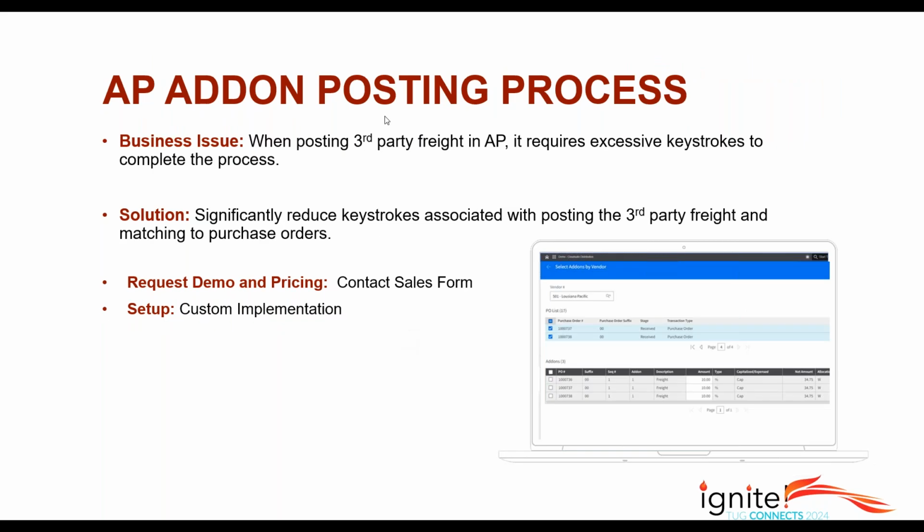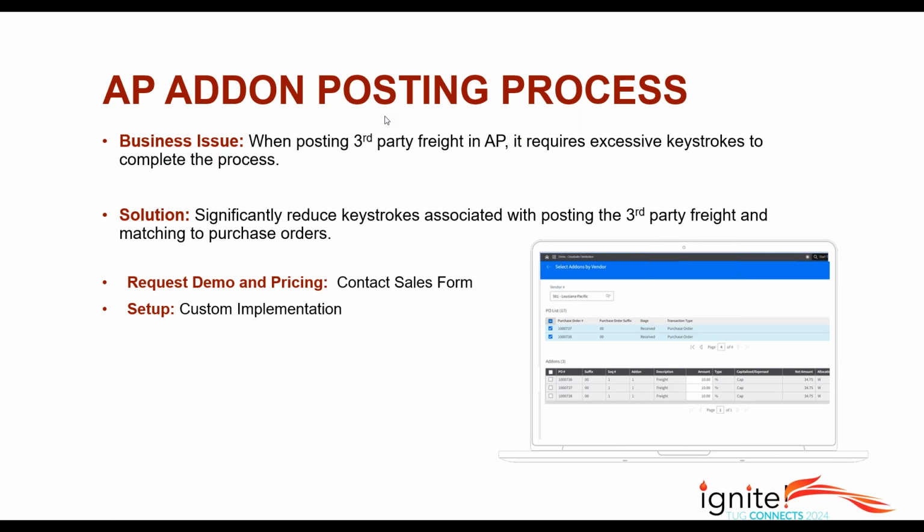So if anybody on the phone is doing AP add-ons where you're getting a third-party freight bill, you know how hard that process is. They did an AP enhancement. If you were on some of the early versions of CSD, you know that AP was quite difficult to use.